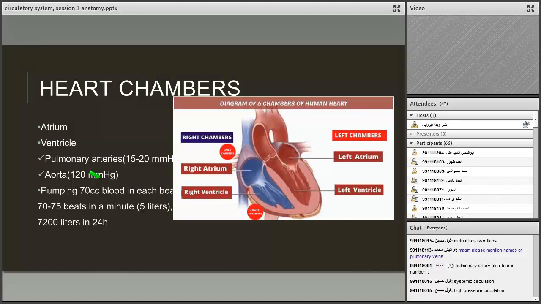Now, the heart is pumping about 70 milliliter of blood in each beat. So, it is approximately 70 to 75 beats in a minute. So, it will be 5 liters in a minute and 7,200 liters in 24 hours.